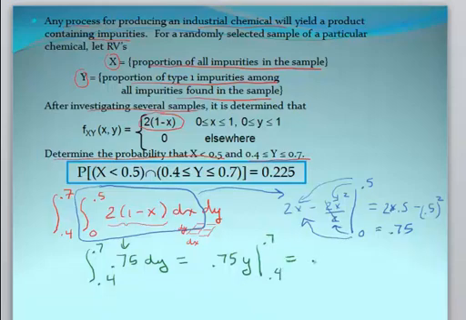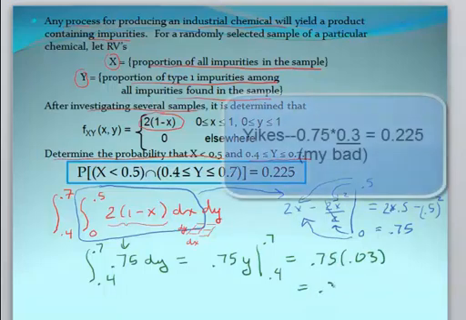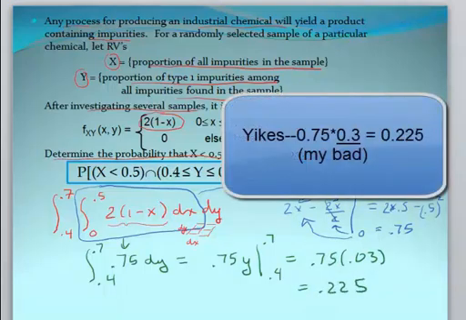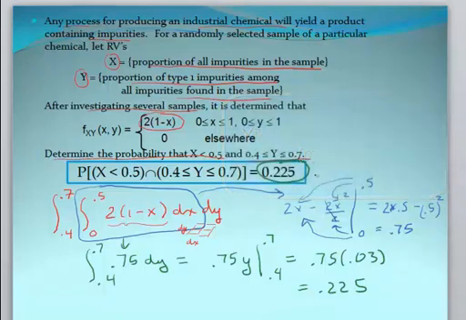So that's just 0.75 times 0.3, which turns out to be 0.225. And by golly, that's exactly what we've got right there. So when we determine the probability that x is less than 0.5 and y ranges between those values at the same time, that is the probability right there.